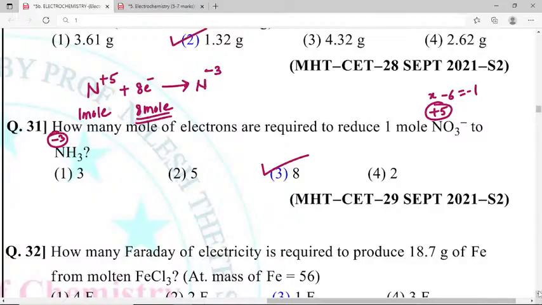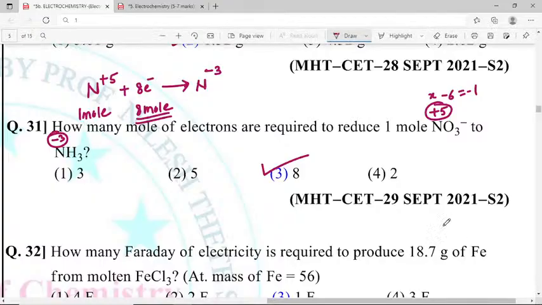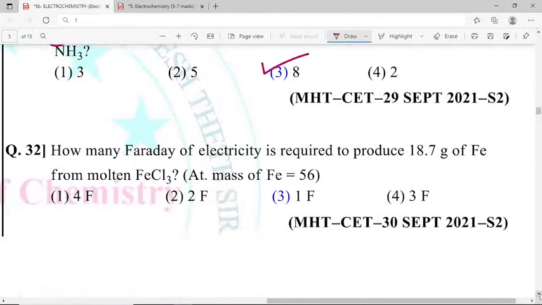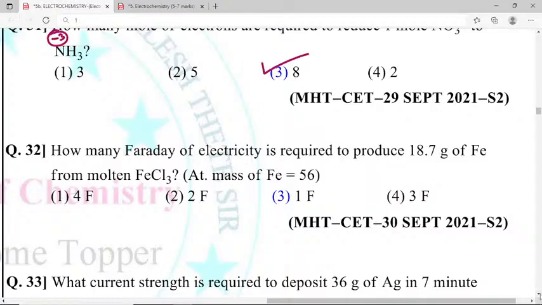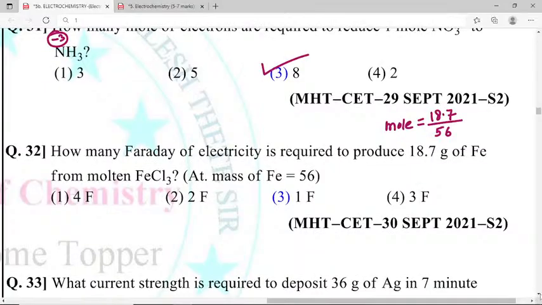How many Faradays of electricity are required to produce 18.7 gram of Fe? Molar mass of Fe is 56, so first we have to calculate the moles. 18.7 divided by 56. And 1 mole requires 3 Faradays, as it is Fe3+. So 1 mole requires 3 Faradays.